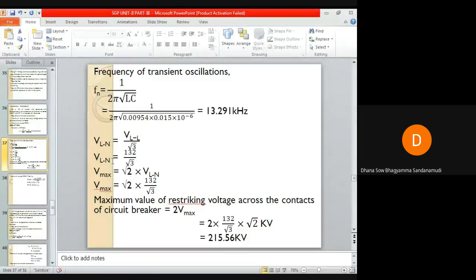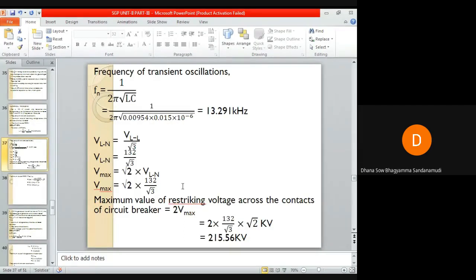To determine the maximum value Vmax, root 2 into VLN gives the Vmax value, so root 2 into 132 by root 3. I have left it as it is. You can solve it using the calculator and write down the numerical value.